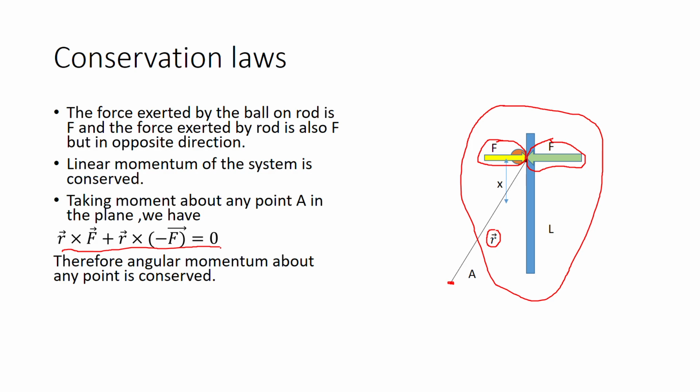So the angular momentum of the system about point A, or in fact about any point, will be conserved. The reason is that our forces are collinear, of the same magnitude and in opposite direction. So angular momentum about any point in this entire plane on which this collision is happening is conserved.